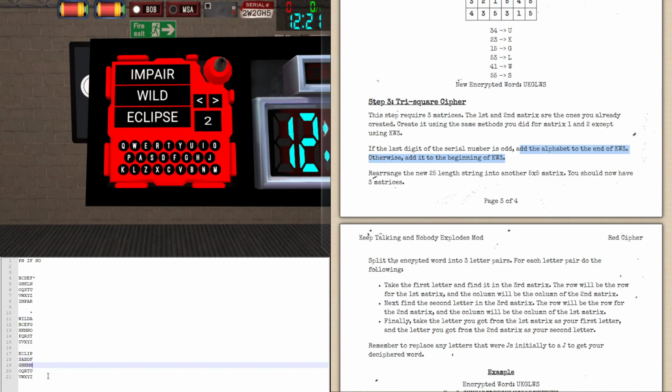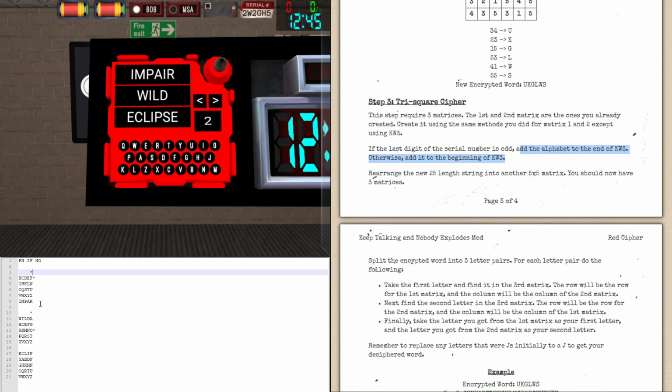Then for our second letter, the row of this letter in our third matrix is going to be the same row as our second matrix. And then the column used for the second letter will be the column used for our first matrix. So fifth column for the first matrix.